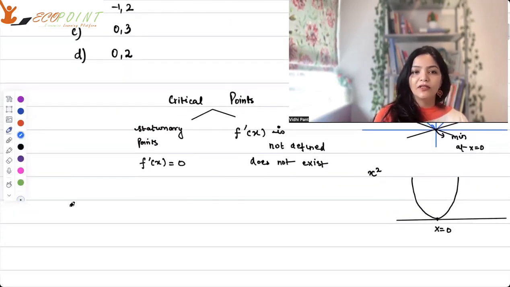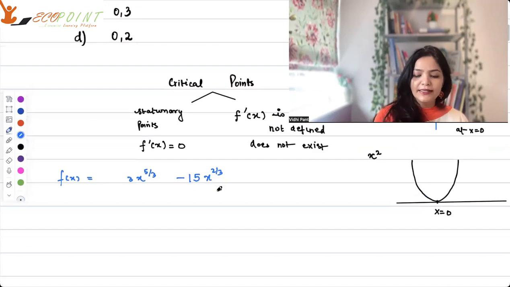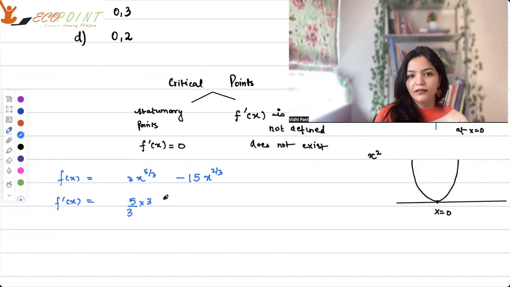In this question, my function is f(x) is equal to 3 times x to the power 5 by 3 minus 15 times x to the power 2 by 3. It's a differentiable function, so you can find f dash x. f dash x क्या निकल के आ रहा है? आप करेंगे 5 by 3 into 3 x to the power 5 by 3 minus 1 minus 15 into 2 by 3 x to the power 2 by 3 minus 1.